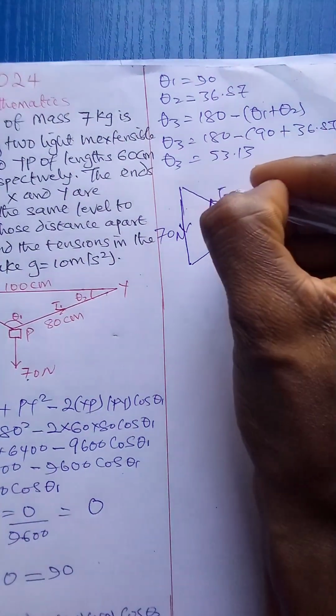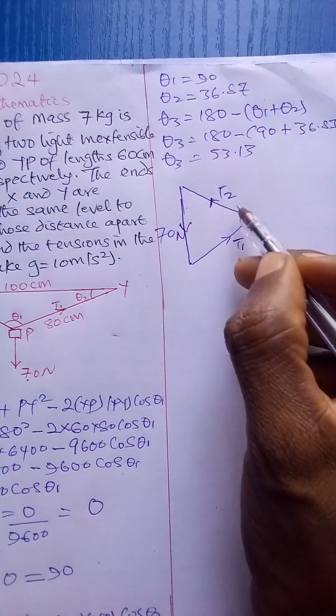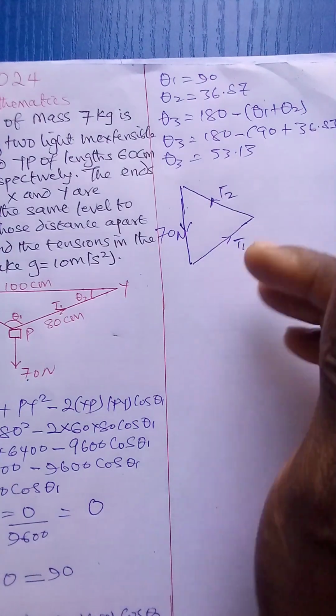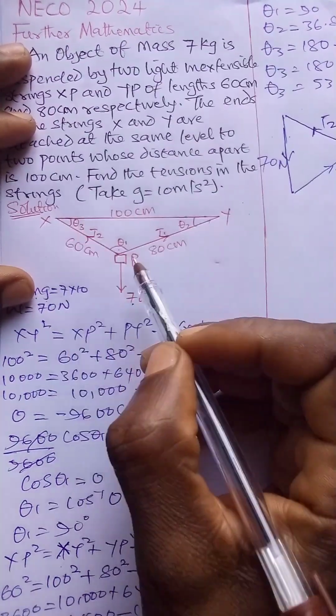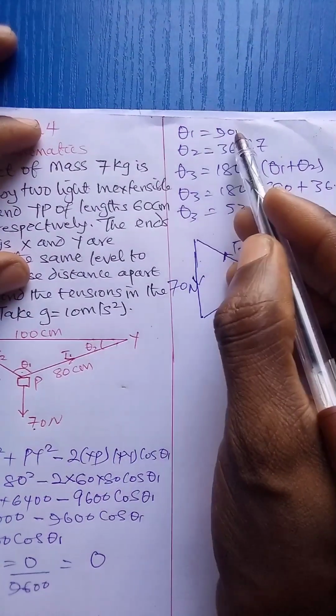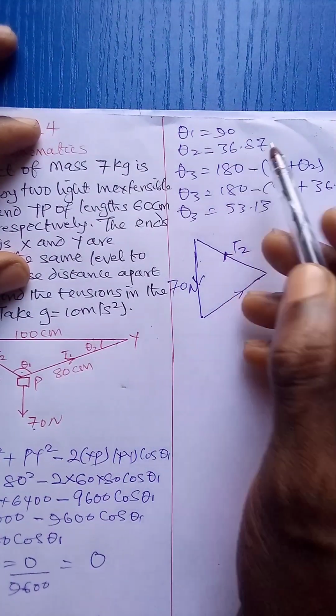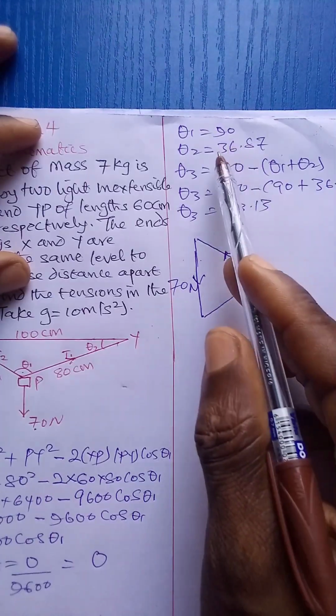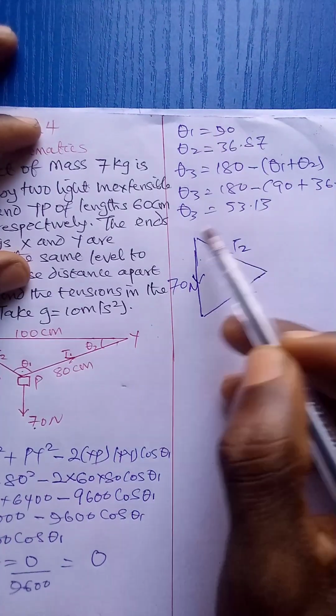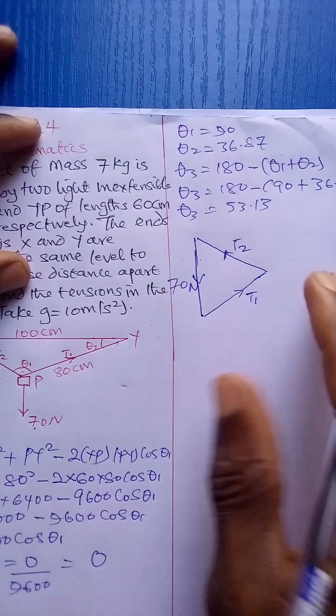Now, what I need to do is to find the value of T1 and T2. Let us remember that the angles we got for theta 1, theta 2, and theta 3 are these: 90, 36.87, and 53.13. So how do we put in the values of the angles in this triangle?